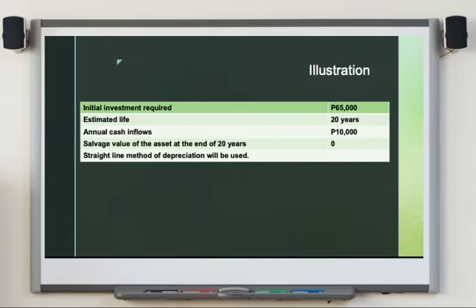The annual cash inflow is 10,000 per year. The salvage value at the end of the 20-year useful life of the asset is 0, and it uses the straight line method of depreciation for purposes of computing the net income.